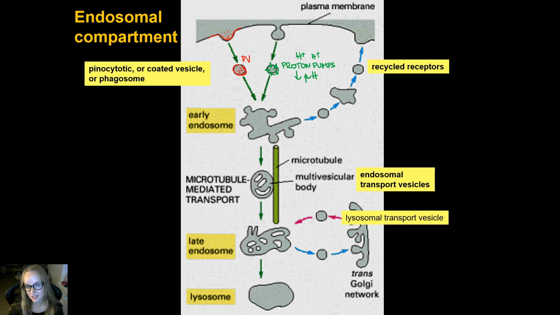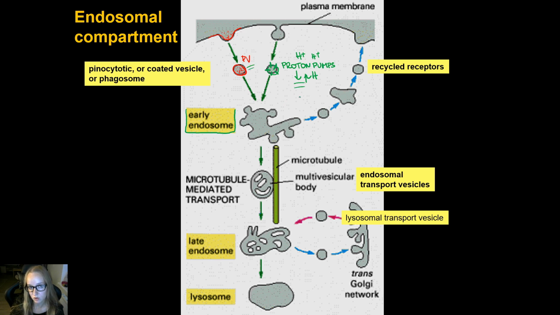So when the pinocytic vesicle fuses with this proton pump vesicle, I don't know the name for this vesicle, but it's not important, it creates something called an early endosome. So really, an early endosome is a structure that contains a substrate from the pinocytic vesicle and also has a low pH.